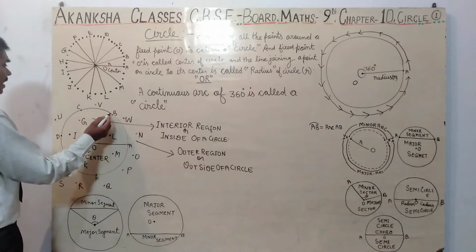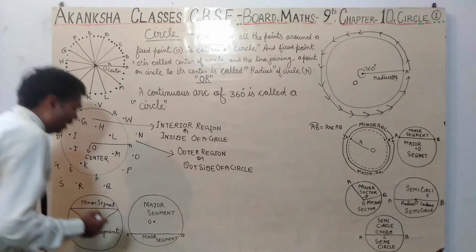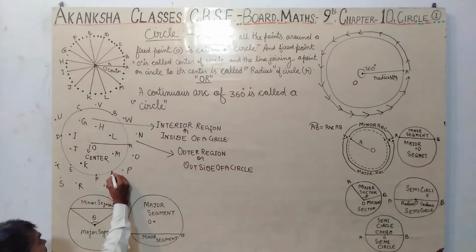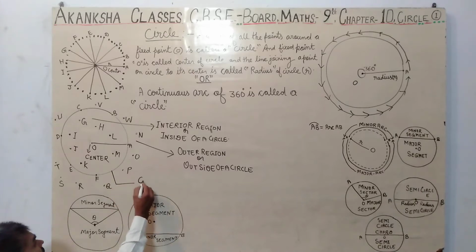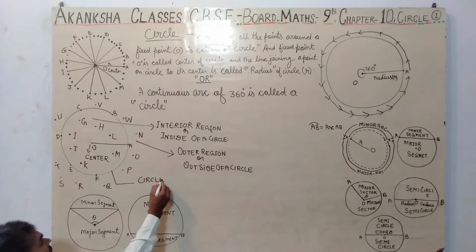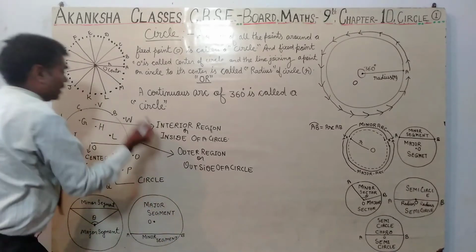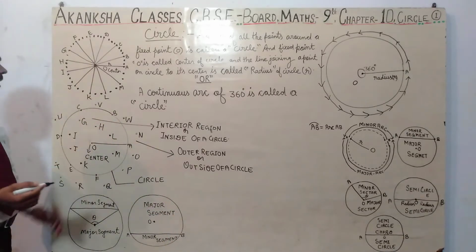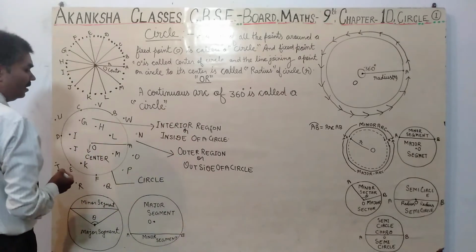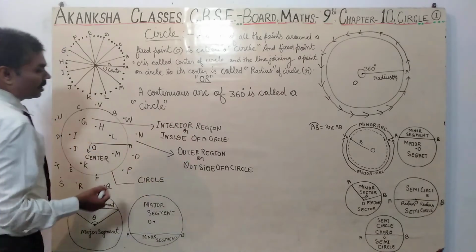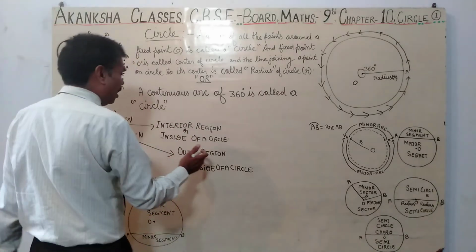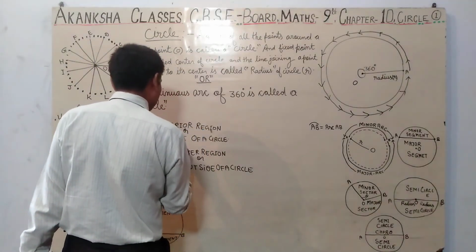And the third part is the circle itself. Thus, the circle divides the plane into three parts: interior region, outer region or exterior.